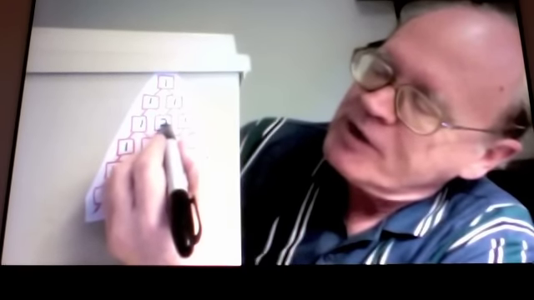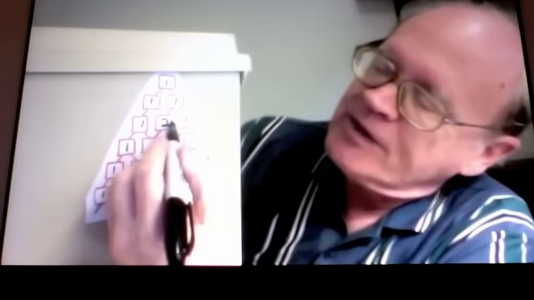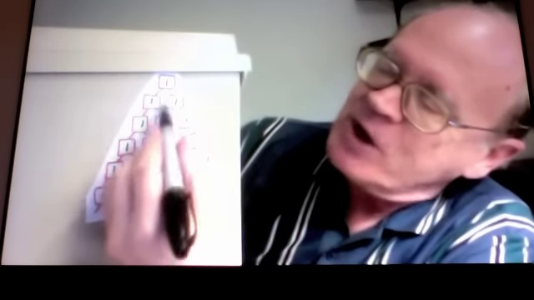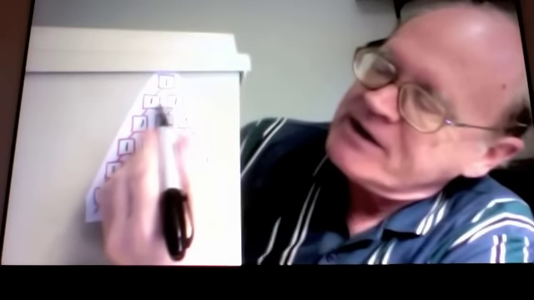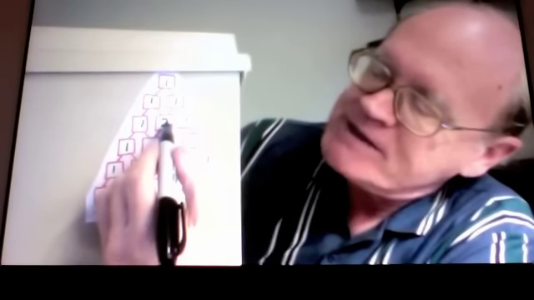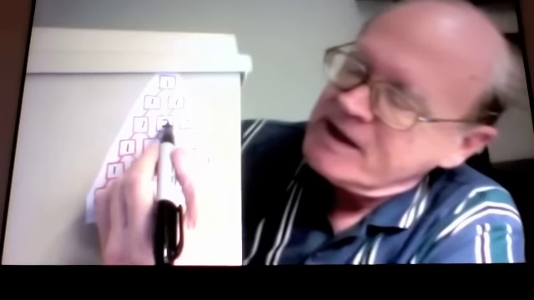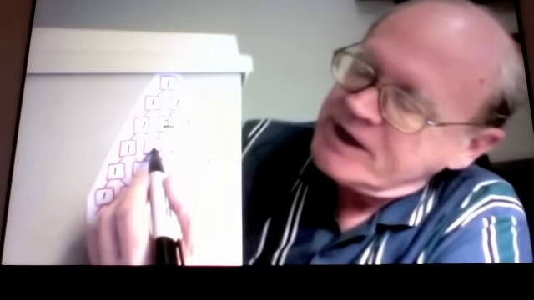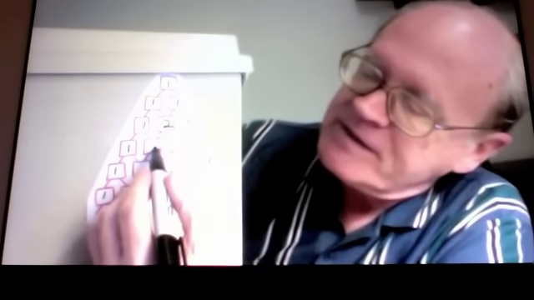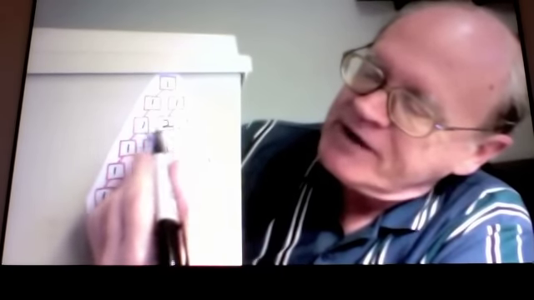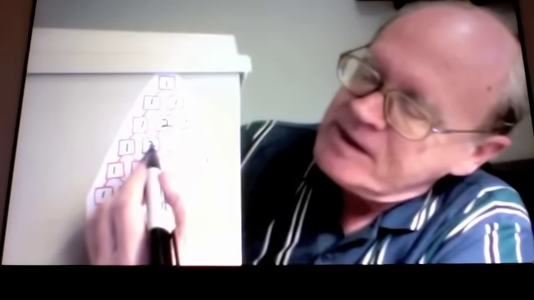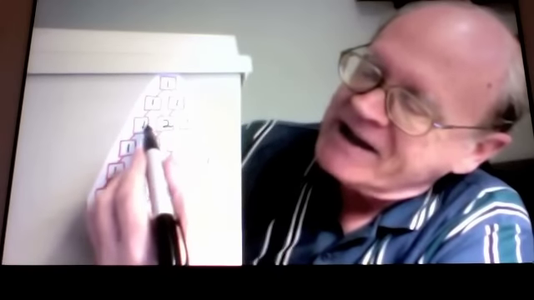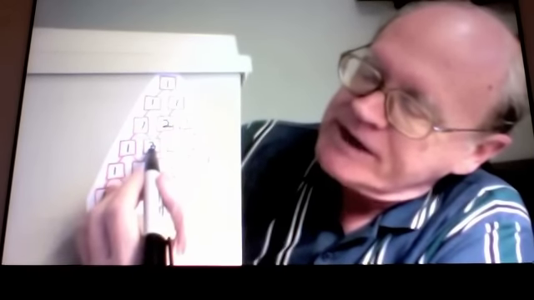Or to put it another way, the two gateways to this location are these two, the two above it. And since there's one way to get here and one way to get here, there must be two ways to get here. It follows then, concerning this location, that since there is one way to get there and two ways to get there, there are three ways to get here. So what I'm doing is adding the two numbers above to get the new number.